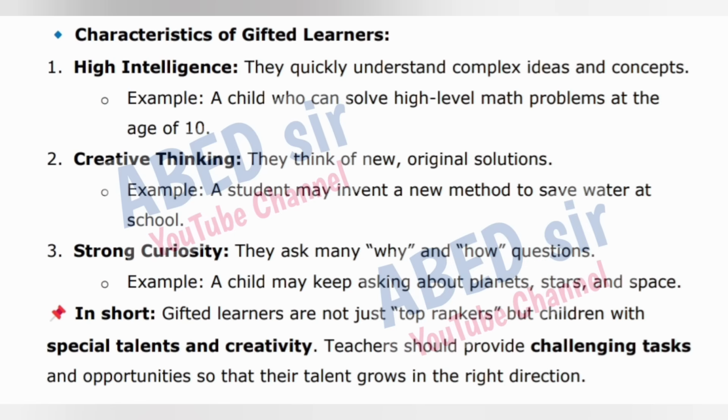They ask many why and how questions. Example, a child may keep asking about planets, stars, and space. In short, gifted learners are not just top rankers, but children with special talents and creativity. Teachers should provide challenging tasks and opportunities so that their talent grows in the right direction.